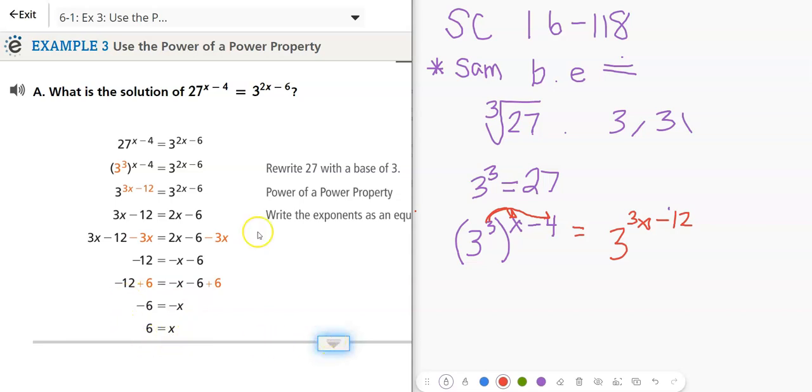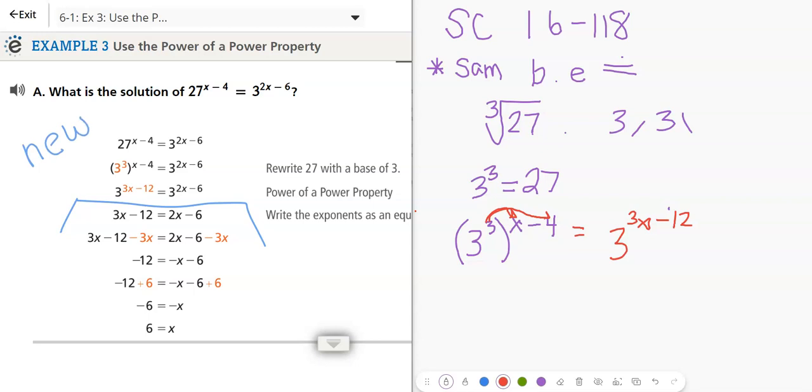This is just solving. From here down, this should be very familiar to you. This is the part that's new, over here.